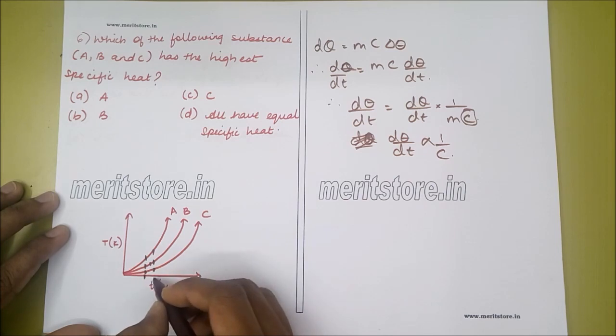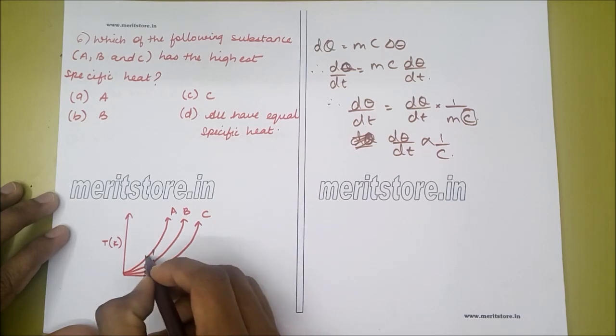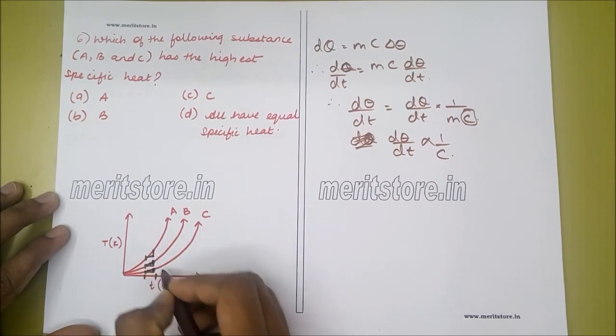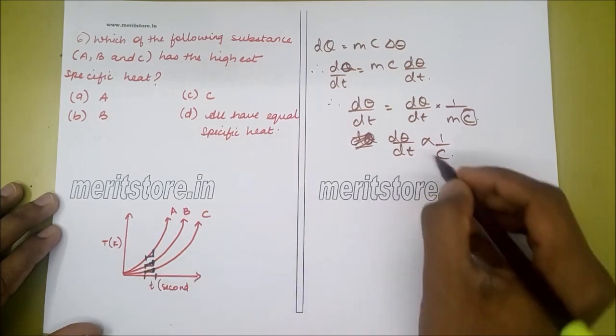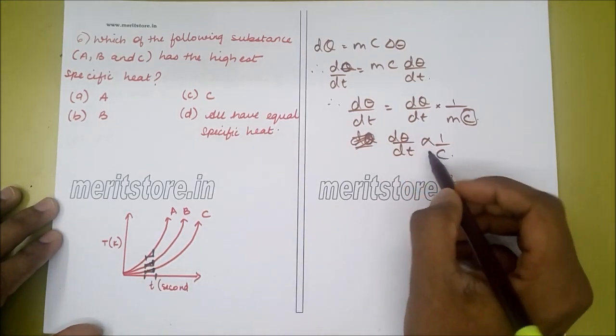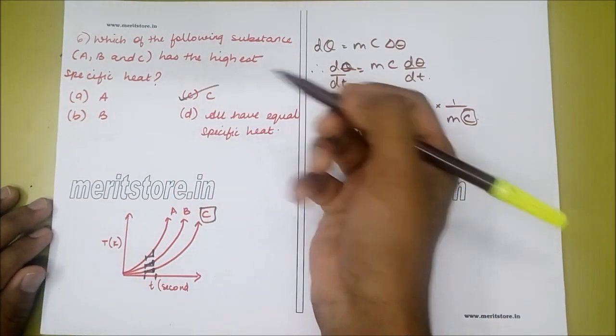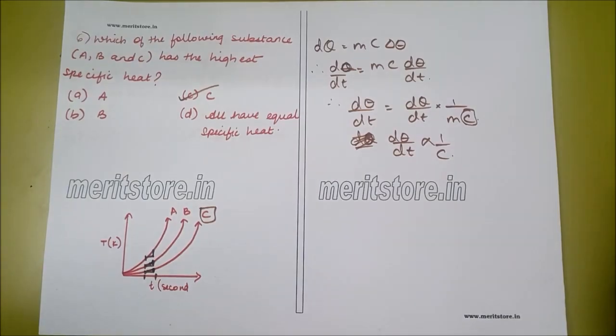So say from time t1 to time t2, the change in temperature is just this much for C, whereas for B it is a little higher, and for A it is much higher. So for C, since d theta by dt is small, graph C has the highest specific heat, hence option C is the correct answer.